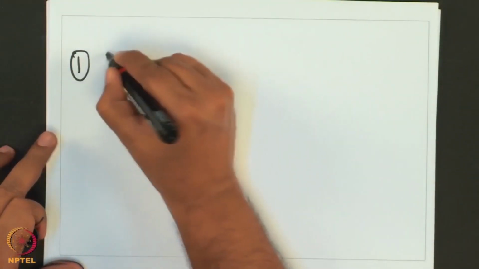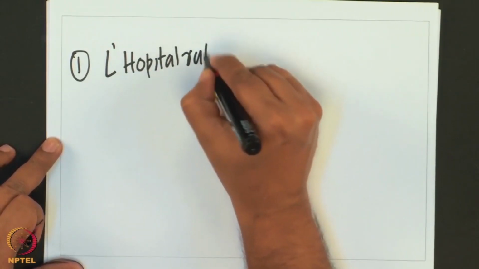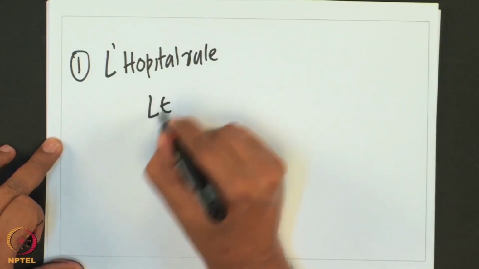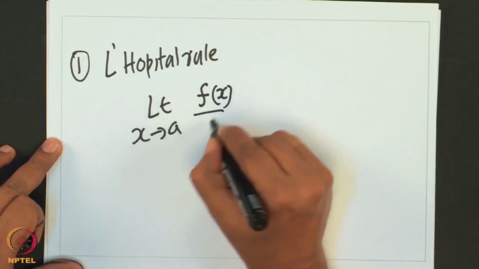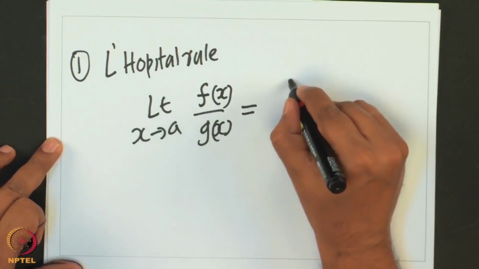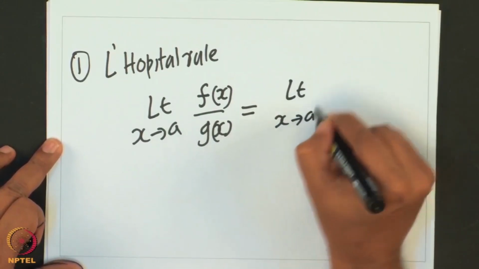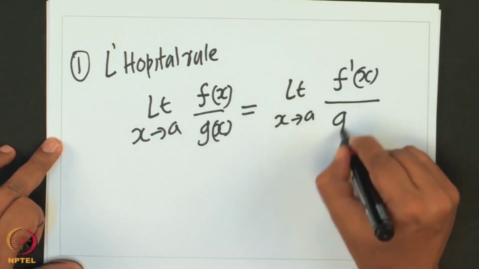So, 3 things we learned, these are 3 miscellaneous things. Let us summarize. First, we learned L'Hopital's rule, which said that in the limit, if f of x by g of x is indeterminate, this is equal to the limit x going to a of f prime of x by g prime of x, where prime means derivative.